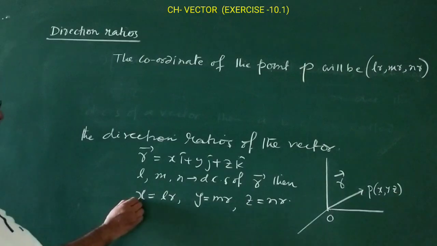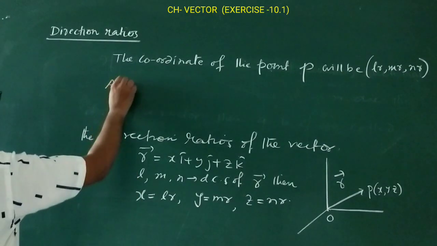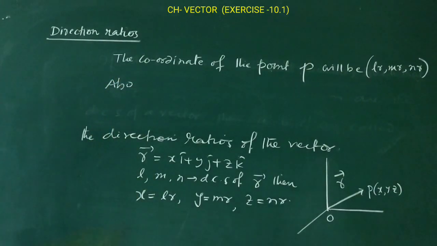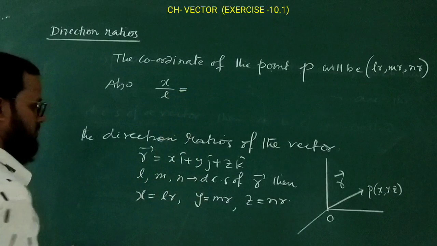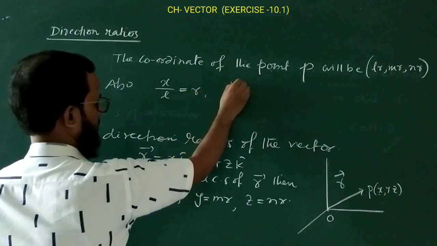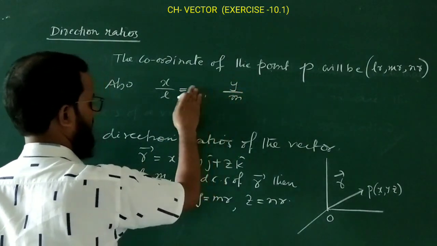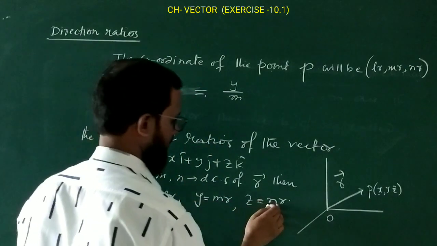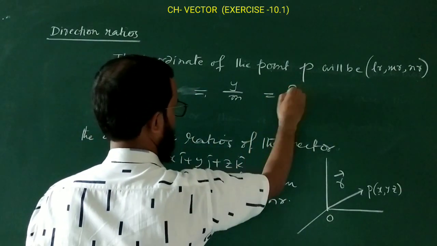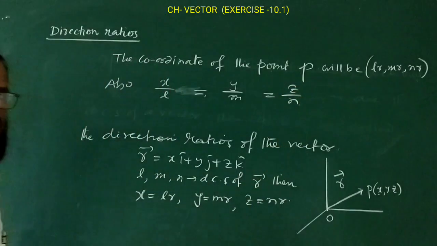Now, from these two relations, what will you get? You will get x by l equal to r, y by m, or you can say x by l equal to y by m equal to z by n equal to r.